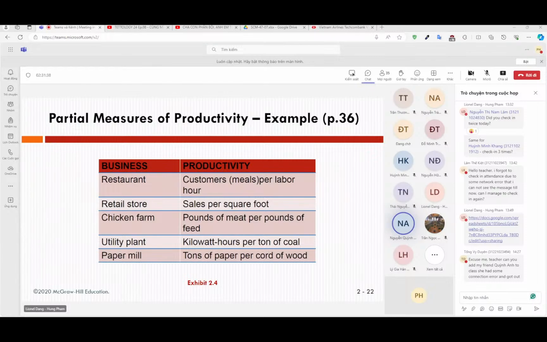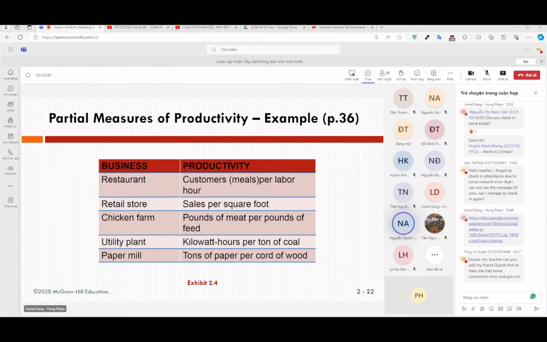In such cases, the partial measure of productivity can be used because they cannot combine dissimilar units such as labor hours or pounds of materials. So here are some examples of partial measures.